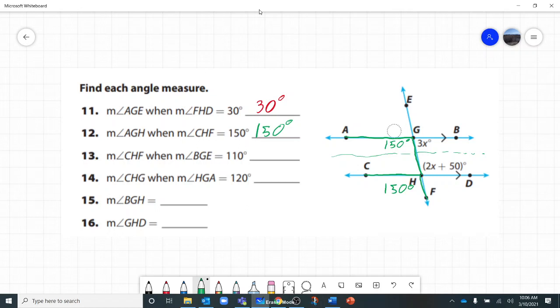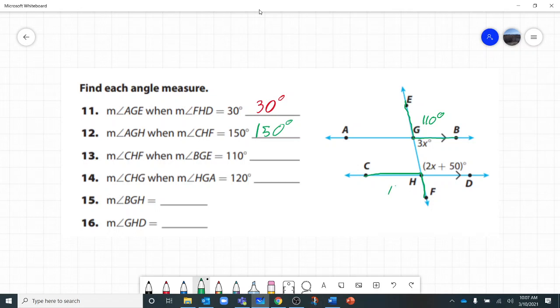CHF when BGE is 110. I'm sure these are going to get harder at some point, right? BGE is 110 degrees. And CHF, that's the one we found before. It was 150 degrees last time, but it's not this time. These are what we call alternate exterior angles, and alternate exterior angles are congruent.